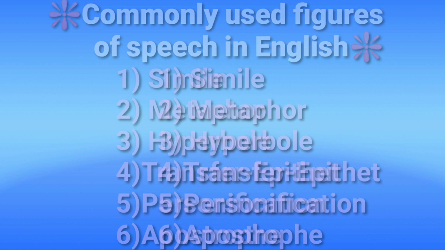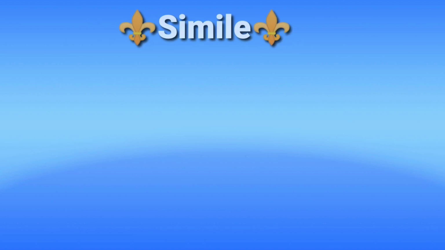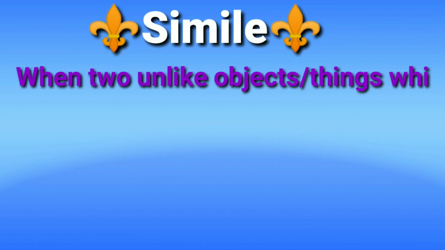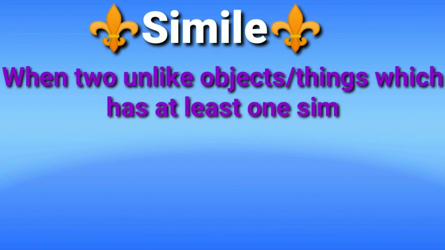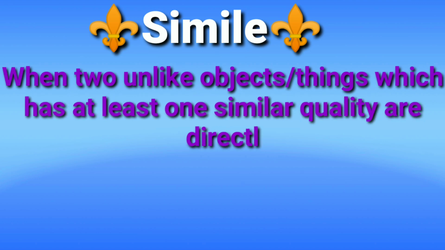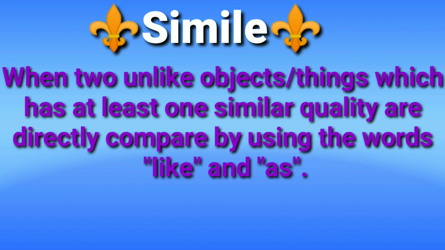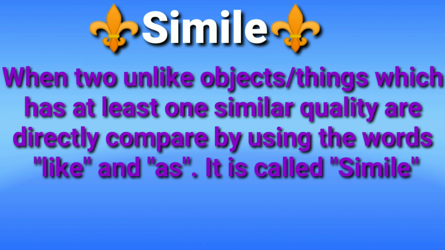So let's start with the very first figure of speech, simile. When two unlike objects or things which have at least one similar quality are directly compared by using the word like or as, it is called simile. Now friends, look at the definition, which has 4 important things.